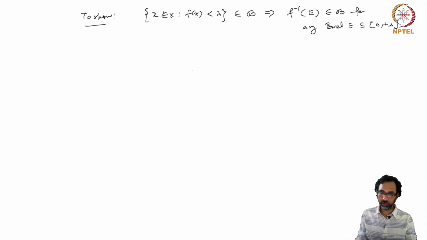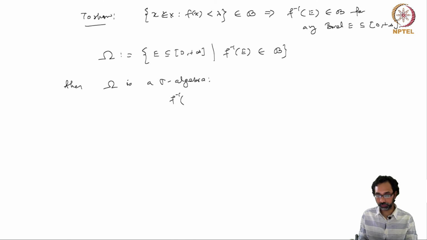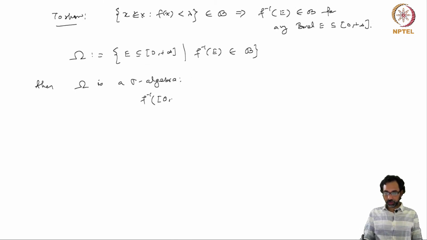This can be shown using the fact that if you let omega be the collection of subsets E of [0, plus infinity] such that f inverse of E belongs to B, then I claim that omega is a sigma algebra, because f inverse of the whole interval [0, plus infinity] is the whole space X. So X belongs to omega.